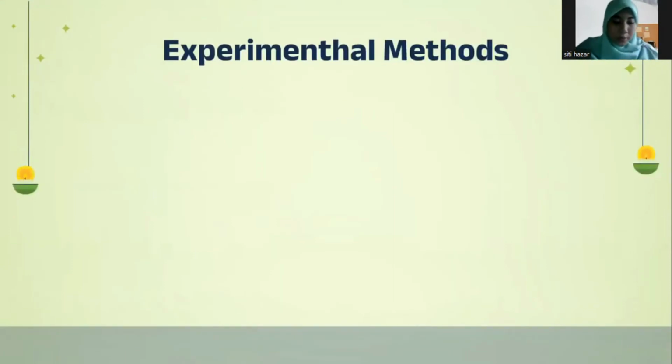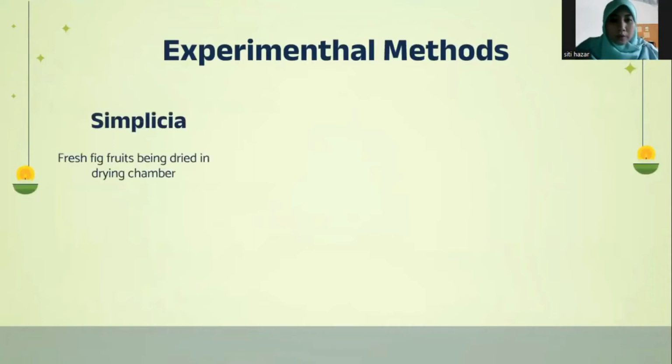This is the experimental method that we use. The first stage, after we collect the materials, which are fresh fig fruits, is drying them in a drying chamber to make simplicia.